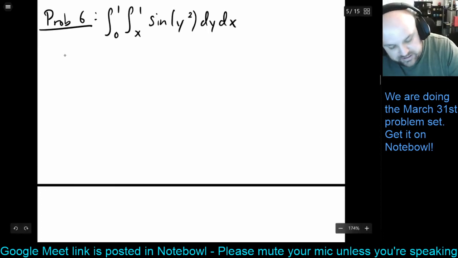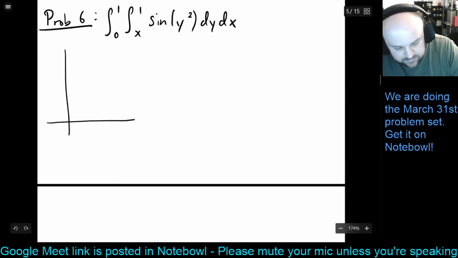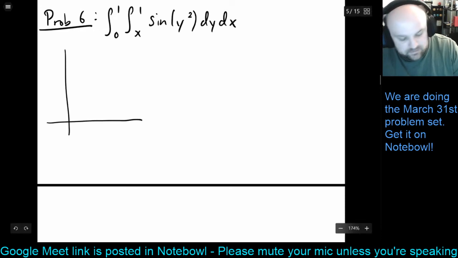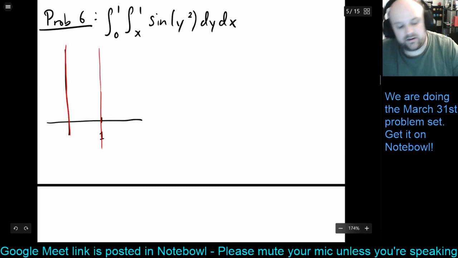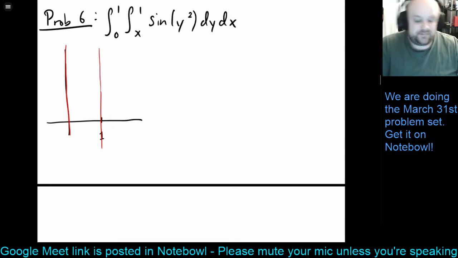When we plot this, we know x, the outside one, goes from 0 to 1. So we're only interested in stuff between here, and let's say this is 1, between here and here. That's for the x values.